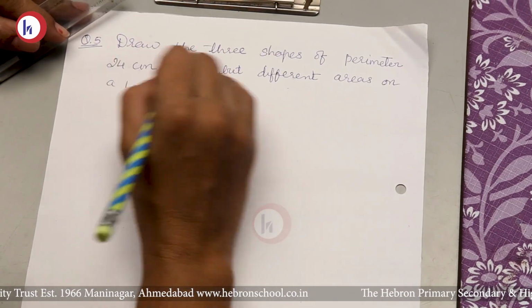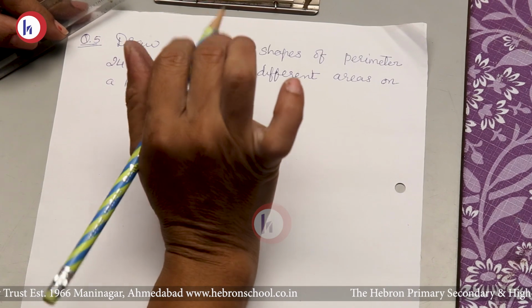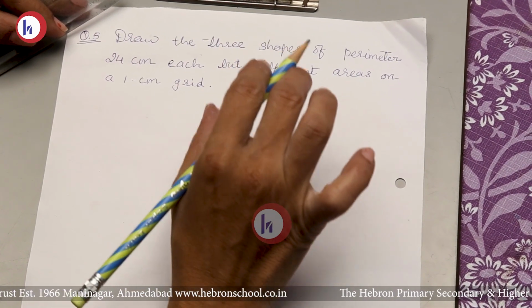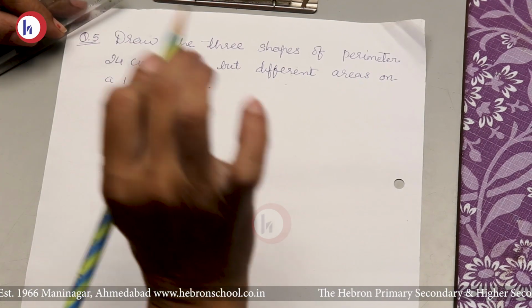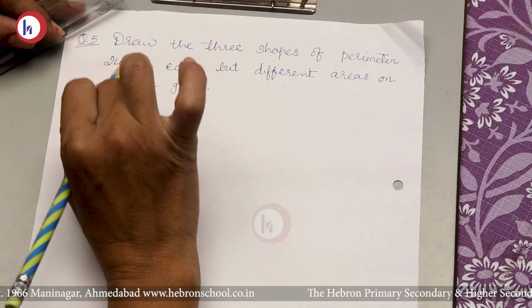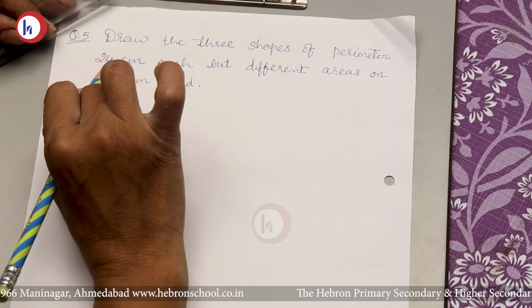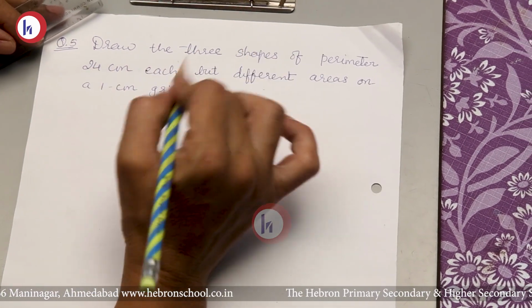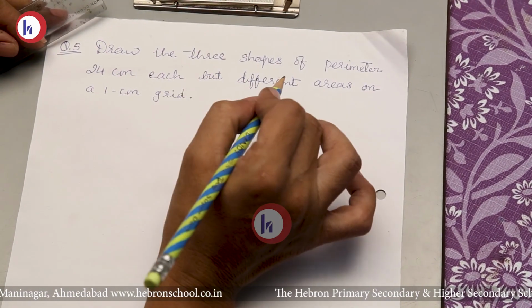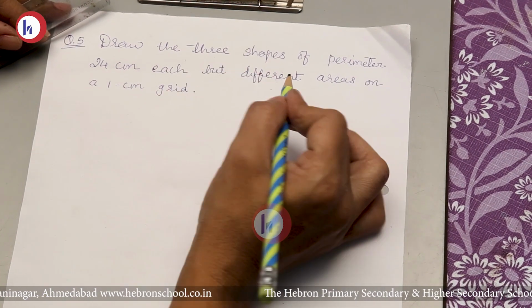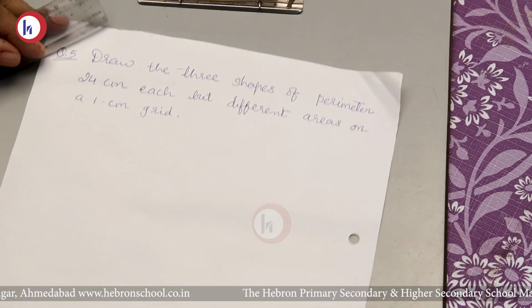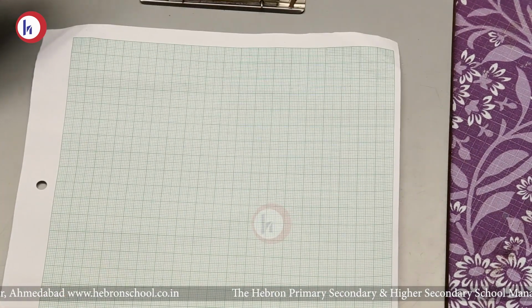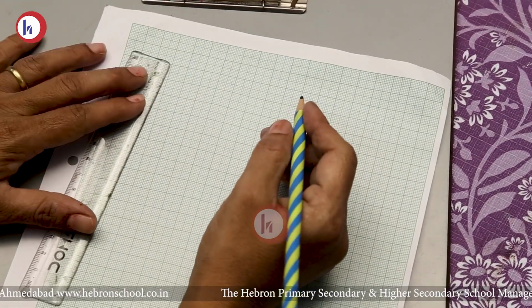Here it is written draw the 3 shapes of perimeter. That means we have to draw any 3 shapes, but all 3 figures' boundary will be the same, 24 centimeter, but the areas are different.